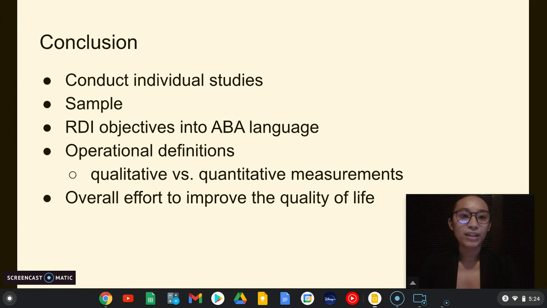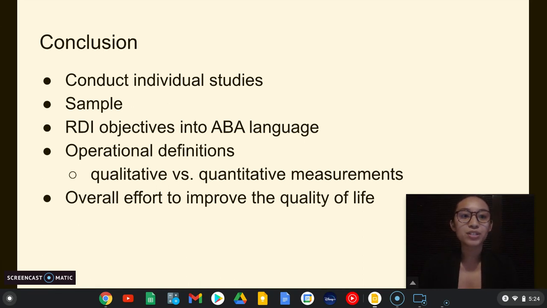So one thing to suggest is to conduct more individual studies and broaden the sample to include individuals that are older, diagnosed with ASD, and more severe cases of ASD as well.